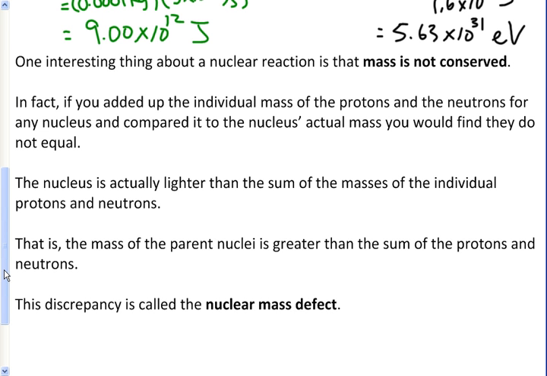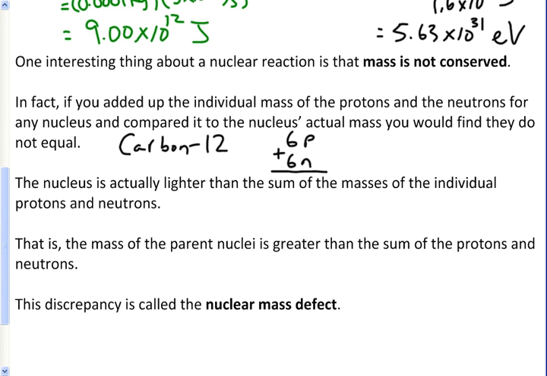So for example, let's talk about carbon-12. So carbon-12 is made up of 6 protons and 6 neutrons. If you added these protons and neutrons up, they will not equal the mass of your carbon-12 atom.